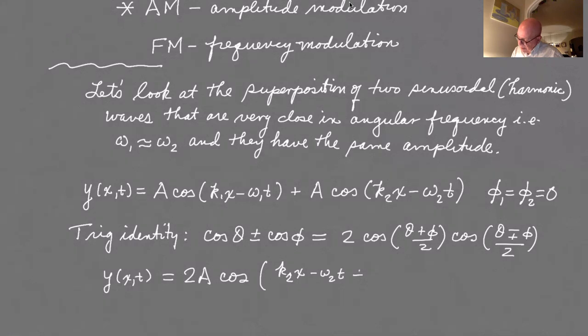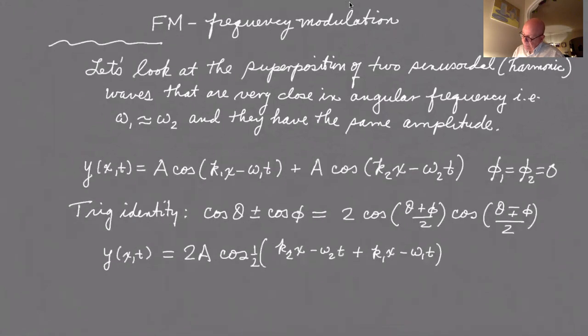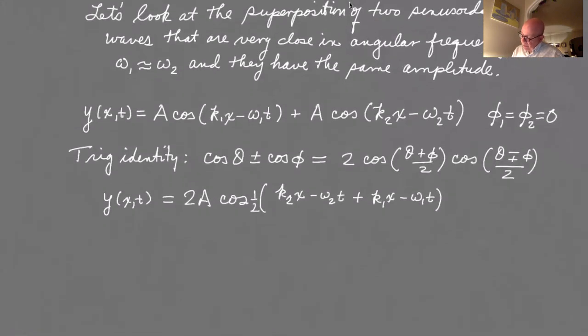So it's going to be then plus k1x minus omega 1t, and that's over 2, right? And then that's going to be times the cosine of 1/2.